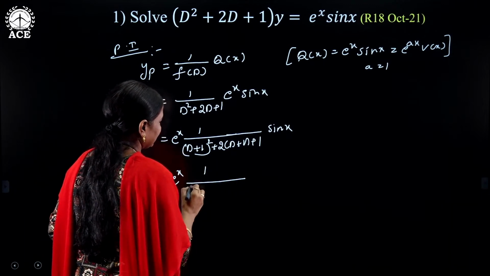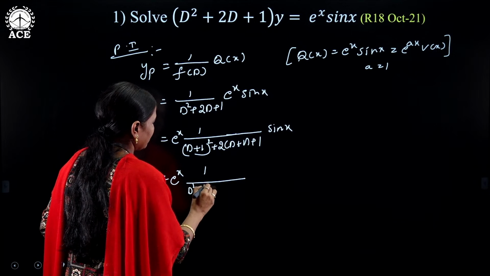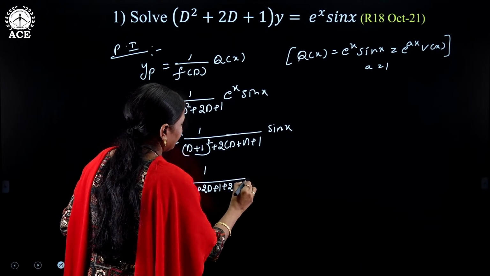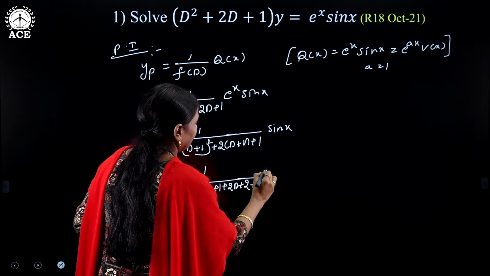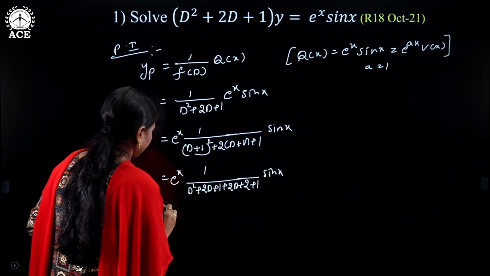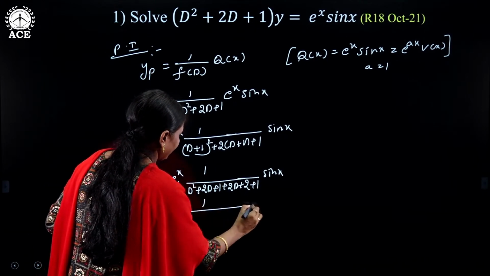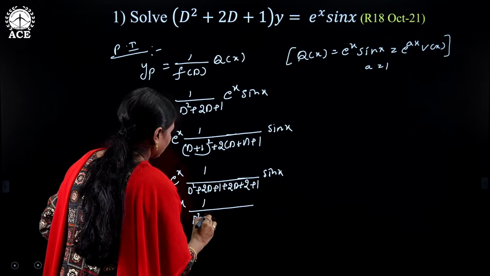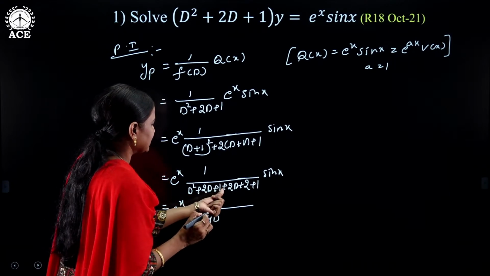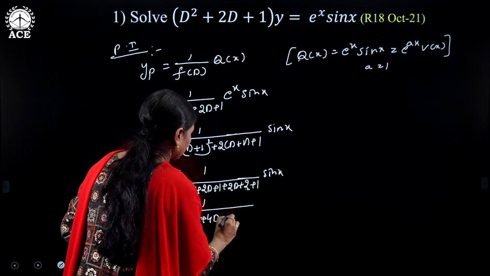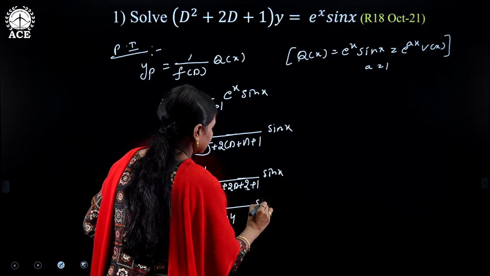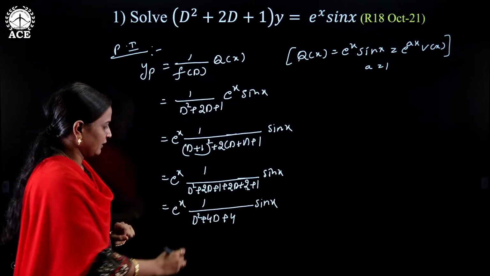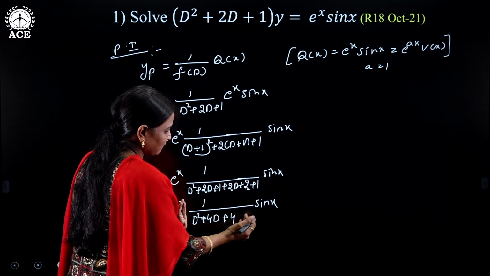So (D plus 1) whole square is D square plus 2D plus 1, plus 2 into (D plus 1) that is 2D plus 2, plus 1, into sin x, which is equal to e power x into 1 by D square plus 2D plus 2D, that is 4D, plus 1 plus 2 plus 1, that is plus 4, into sin x. Now how to operate this 1 by D square plus 4D plus 4?